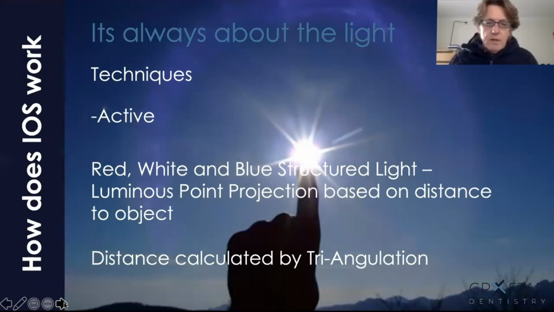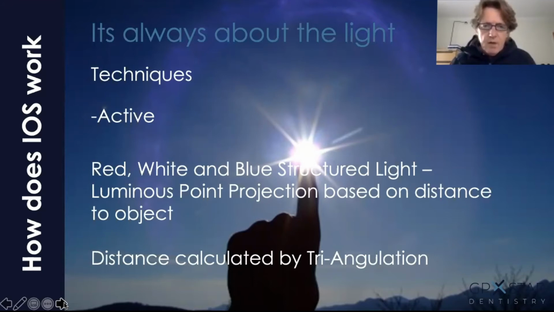So the luminous point projection is what most cameras are based on, and it's called confocal, and we'll talk about it a little bit later. But it depends on the distance from the object to calculate where the surface is.